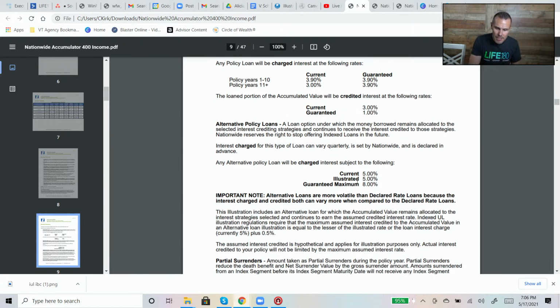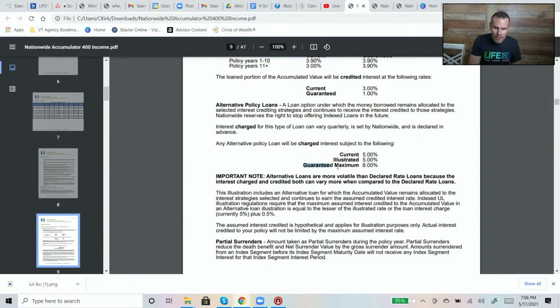So in this situation, the maximum that you're going to pay for a policy loan is 8% here, but they illustrated it at 5%. So when I say there are a lot of levers that move inside of these policies, this is one of the levers. They can increase your charges for policy loans when you're trying to take advantage of that arbitrage.